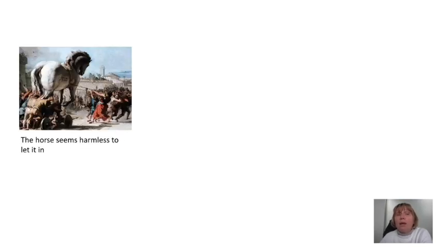But let's consider one more time why the strategy of the Trojan horse was successful for Greeks. First of all, the horse seemed harmless to Trojan citizens, so they didn't suspect any trick and brought the horse inside the city. The second factor is that the warriors were very strong and very fearful.